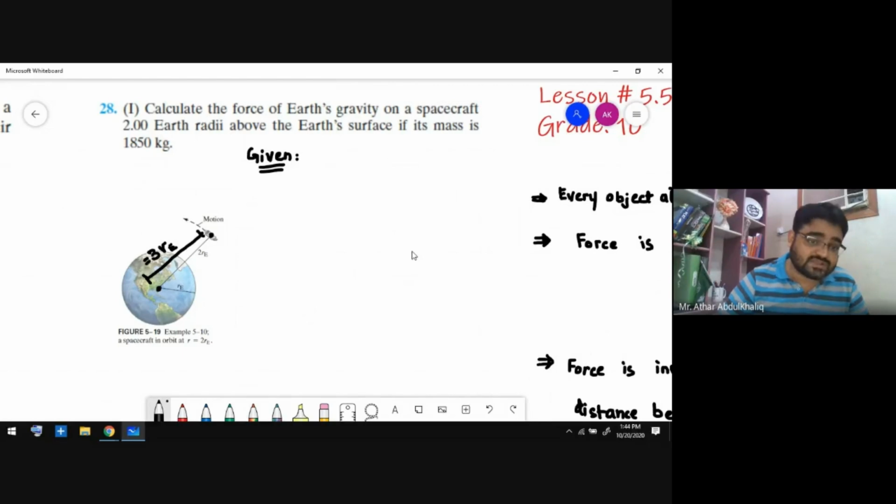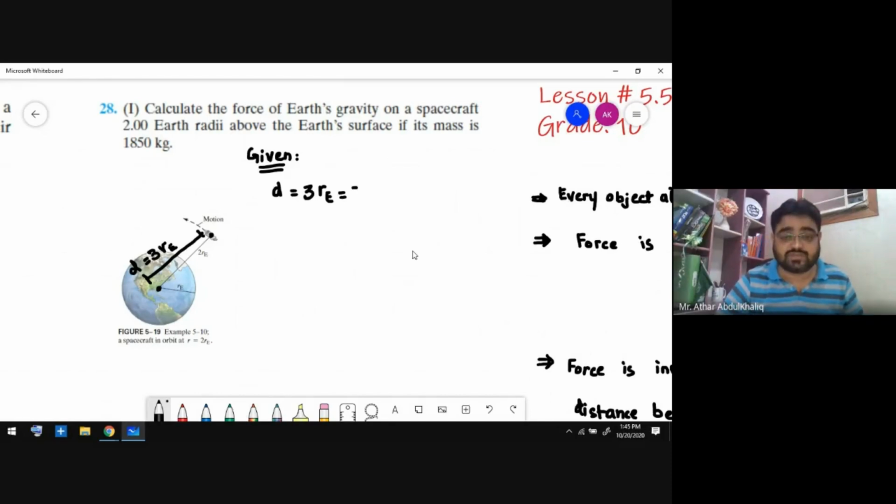So total distance is equal to 3RE. So here, first thing, 2RE is above the surface and 1 is the radius. So total becomes 3RE. So distance is the first thing that is known to us. This is equal to 3 times radius of the earth. If you don't remember radius of the earth, last week we did a question related to this.